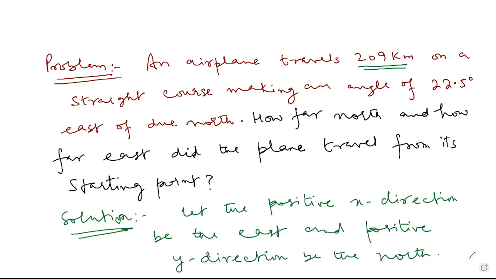Let us draw the figure. So this is my positive x direction. This is my positive y direction. So this positive x direction is my east direction.